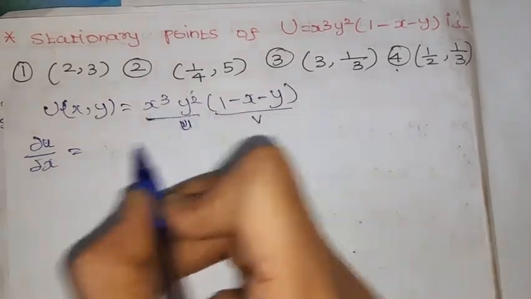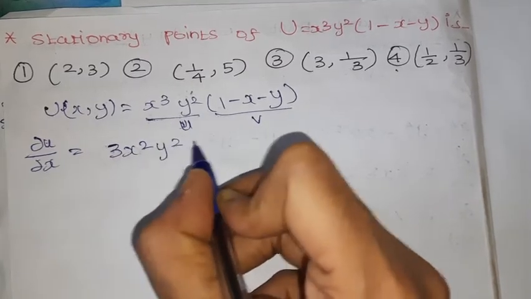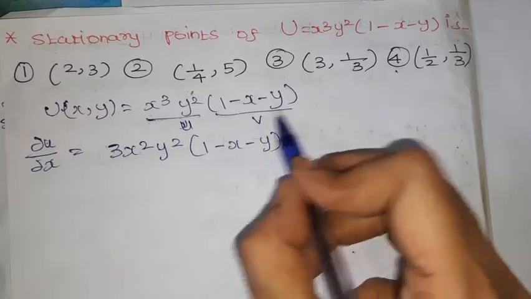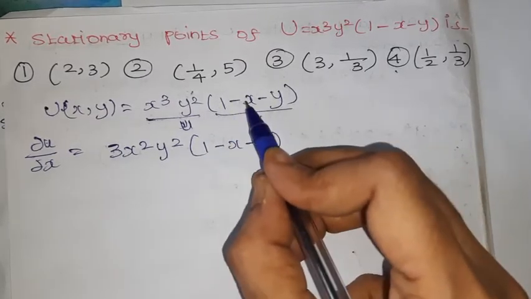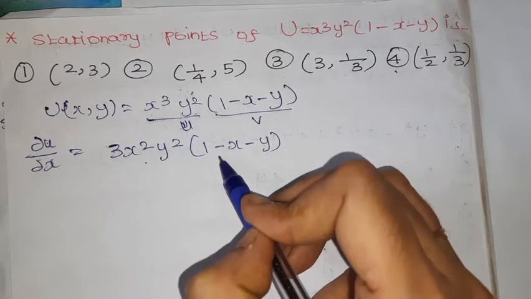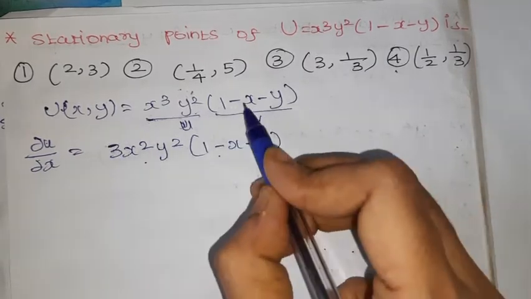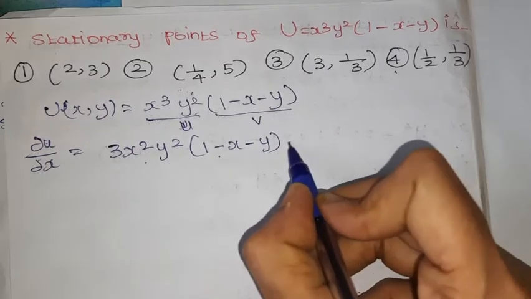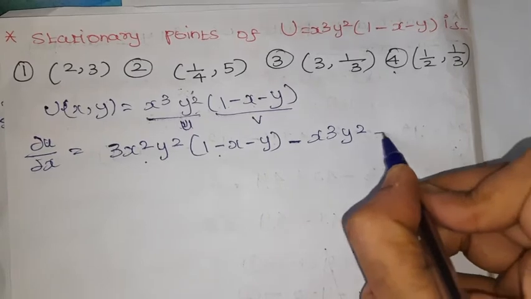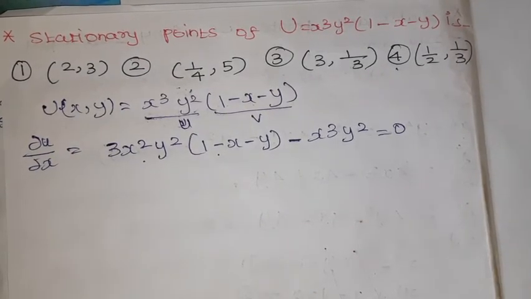Differentiating x³ gives 3x²y², keeping y² as constant. Then we differentiate the other term, 1 − x − y, where the first term is constant, and with respect to x we get −1, so minus x³y². This should be equal to 0.